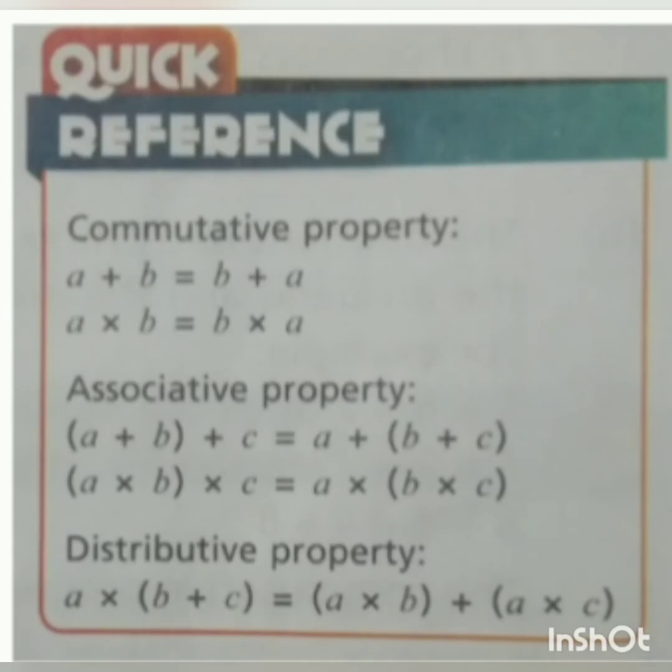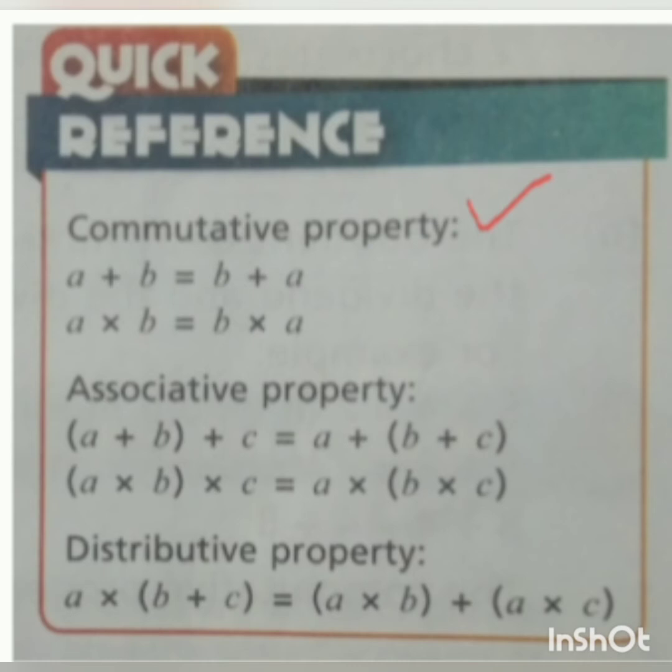Now students, take a quick reference about commutative property, associative property and distributive property, as we have already studied these in the previous lecture. The first one is the commutative property: a plus b is equal to b plus a, and similarly for multiplication, a multiplied by b is equal to b multiplied by a, where a and b are real numbers.